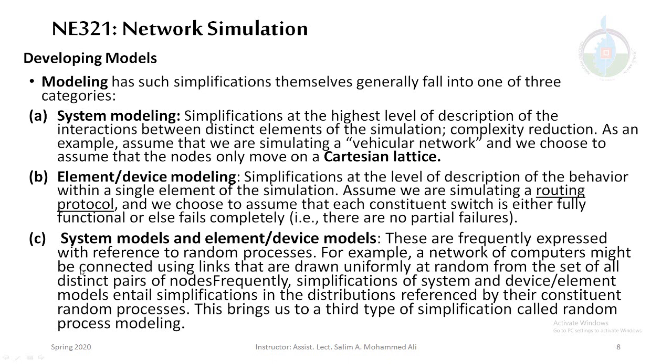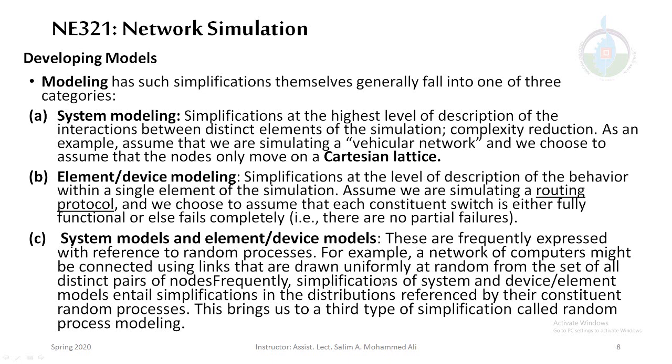Okay. The third modeling simplification option is system models and element versus device models. These are frequently expressed with reference to random processes. For example, a network of computers might be connected using links that are drawn uniformly at random from the set of all distinct pairs of nodes.